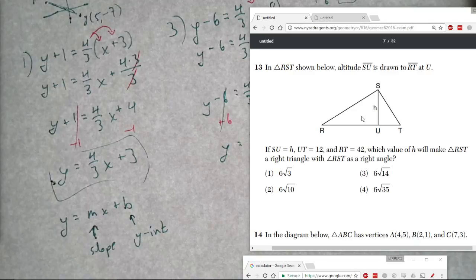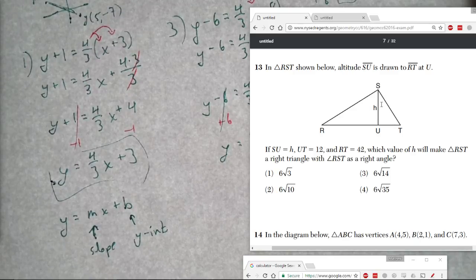For most geometry Regents Common Core exam questions, if you see triangles inside of a bigger triangle, they're probably similar if some sort of thing is true. In this case, that's exactly what's going on.